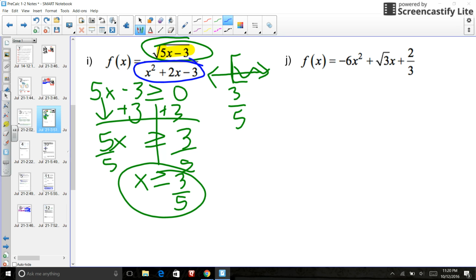So, are there more domain restrictions from the bottom? It's x squared plus 2x minus 3. I can factor that. Most of these are factorable. So I've got an x and x.